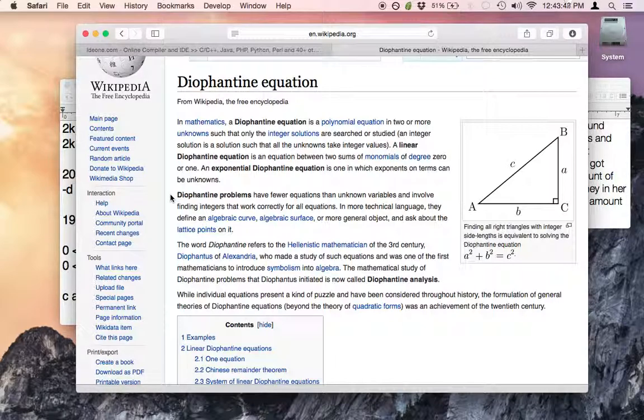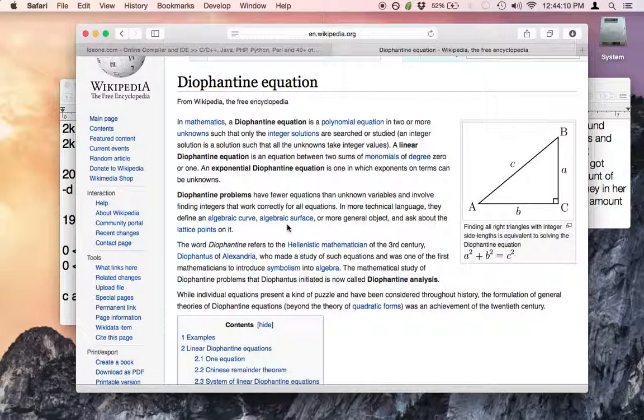Diophantine problems have fewer equations than unknown variables and involve finding integers that work correctly for all equations. In more technical language, they define an algebraic curve, algebraic surface, or more general object, and ask about the lattice points on it. So we're dealing with something that's considerably more complex than just a regular system of equations.